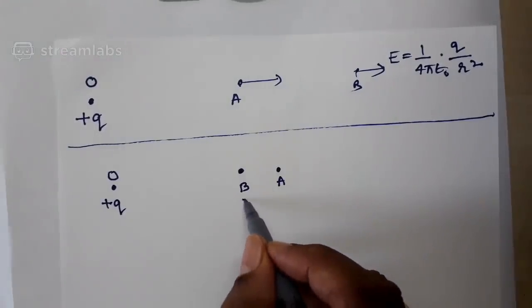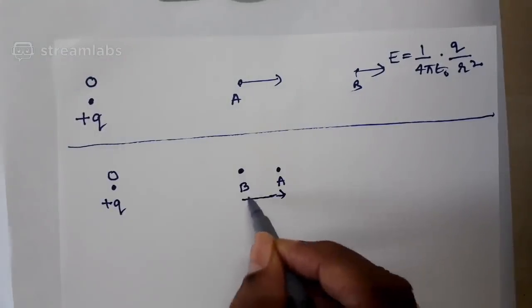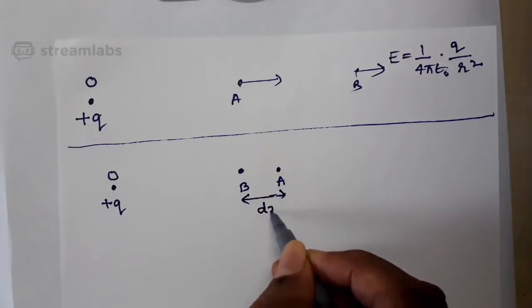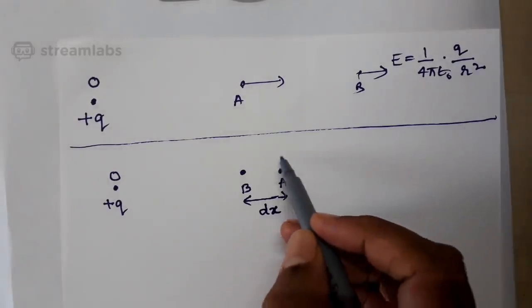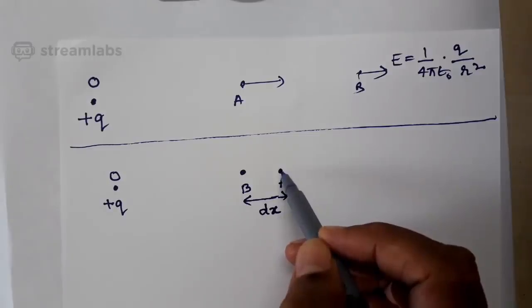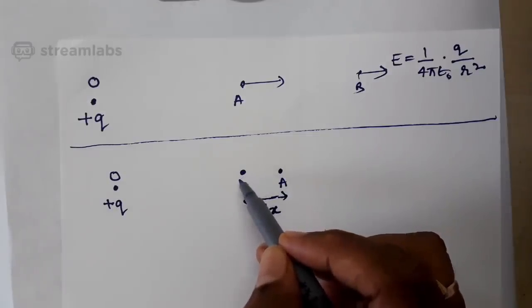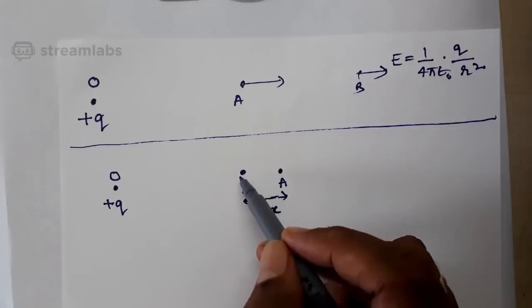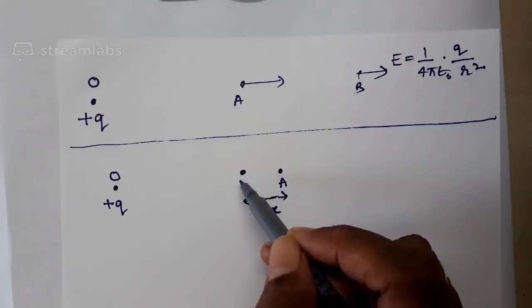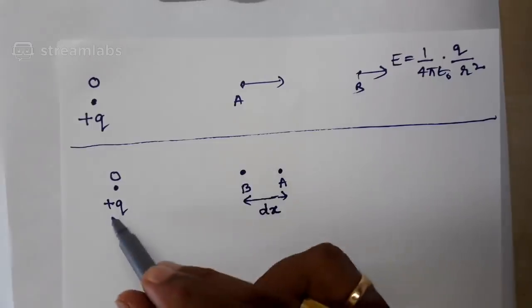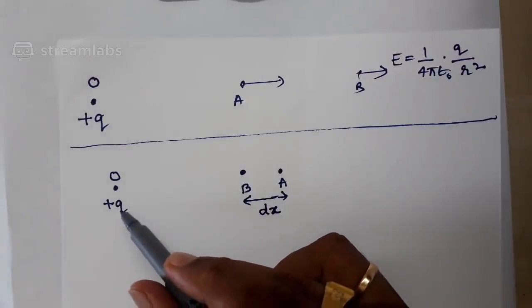They are so close that the distance of separation between those 2 points is so small, let me take the distance of separation between those 2 points as dx. It is so small that if I assume a plus 1 coulomb charge at point A, or a plus 1 coulomb charge at point B, the plus 1 coulomb assumed at A or at B will experience the same amount of electrostatic force of repulsion by the plus Q charge.